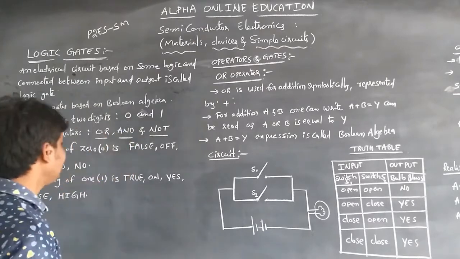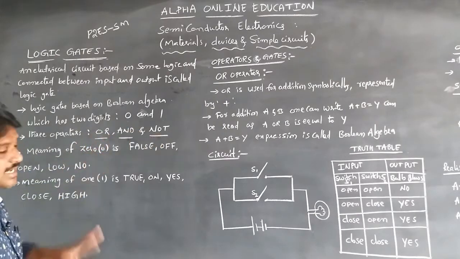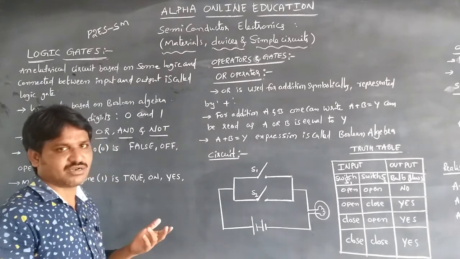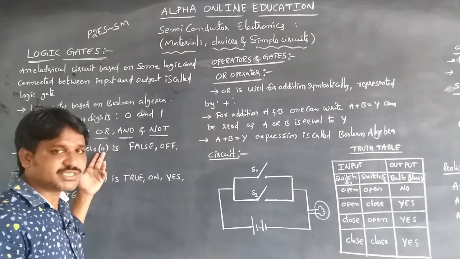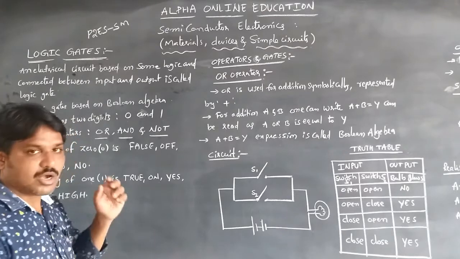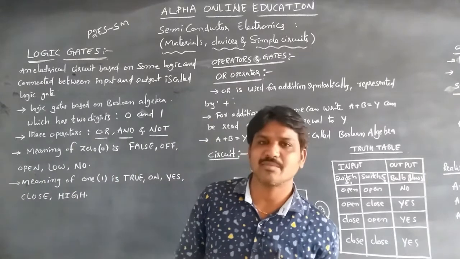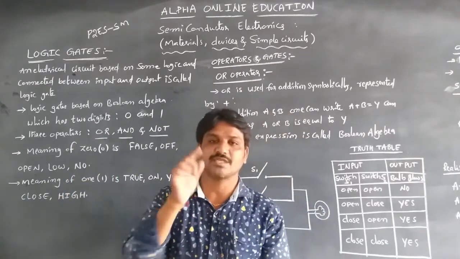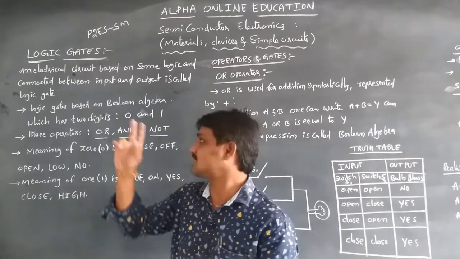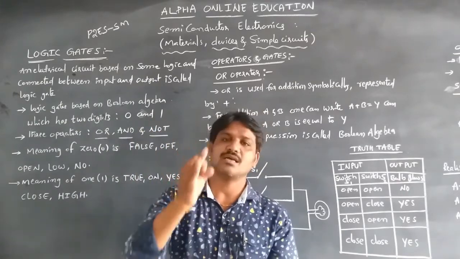In the case of giving input to an AND, OR or NOT gate, what is the meaning of 0? If we give 0 input to one terminal of the gate, 0 means false, off, low, open, or no. These are the meanings of 0, for gates operated by digital signals with two digits, 0 and 1, using the three operators AND, OR and NOT.